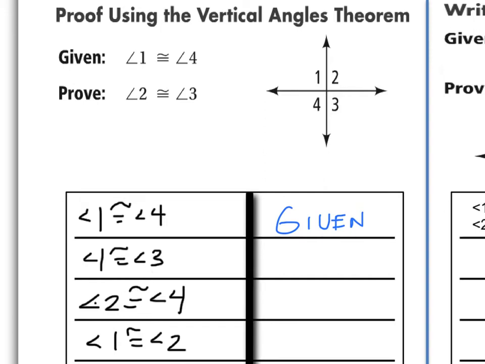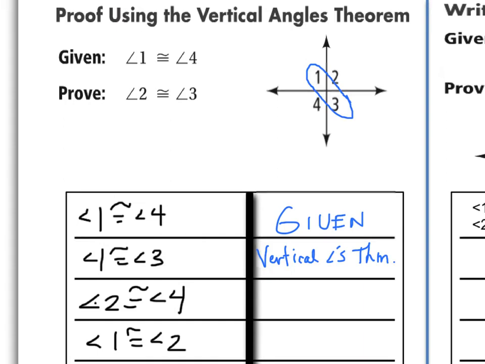Looking at angle 1 and angle 3 in the picture, those two are congruent because they are vertical angles. So we can say they're congruent by the vertical angles theorem. If they're vertical, they're congruent to each other.